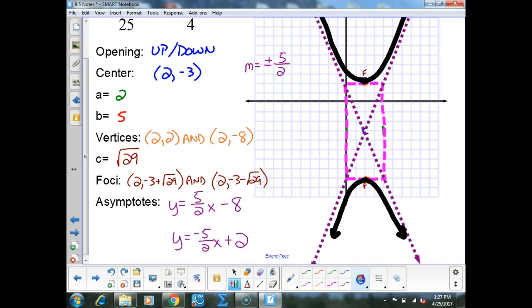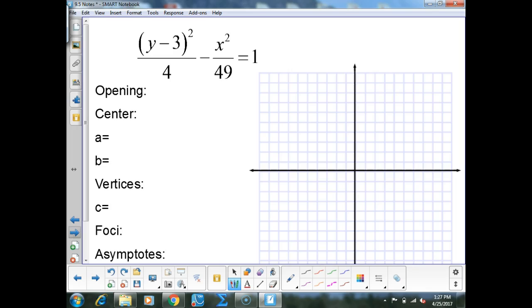Okay. Ready to try one on your own? Go for it. Which way is this one open? Up and down. Where's the center? 0, 3.